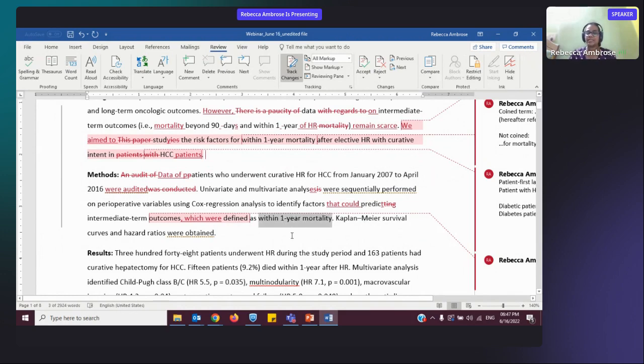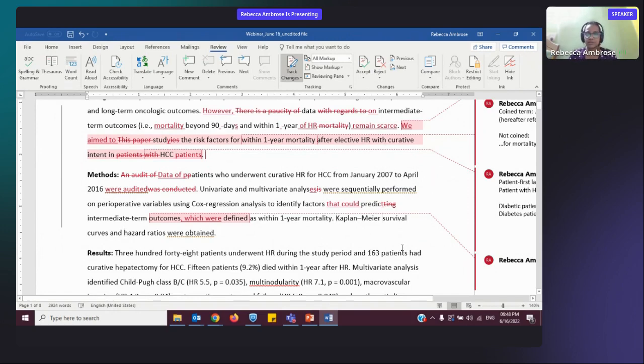And ideally, once we have clarity from the author on whether this is a coined term or not, we can revise this as well if needed. Otherwise, if this is a coined term, because we have already defined it for the audience earlier, we don't need to define it again here.